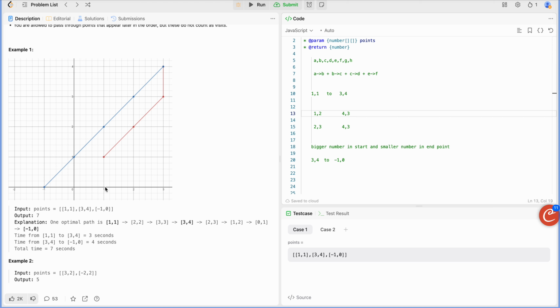Because I thought that if this is my 1 2 and I want to go upwards, then actually what I thought was, what would happen if it was 2 1 to 4 3.